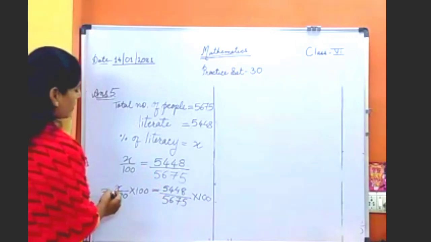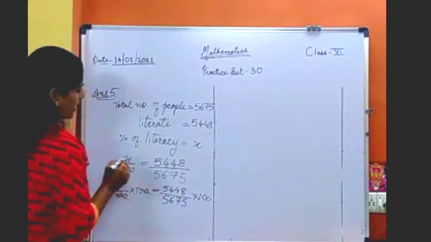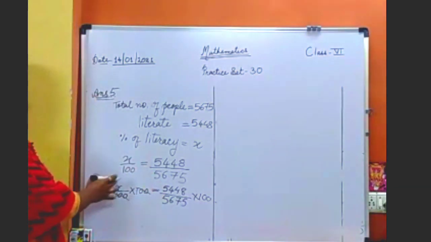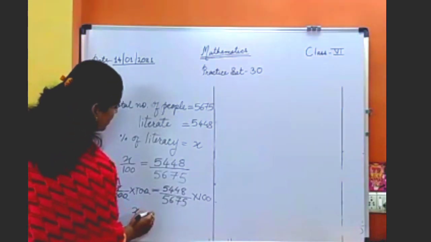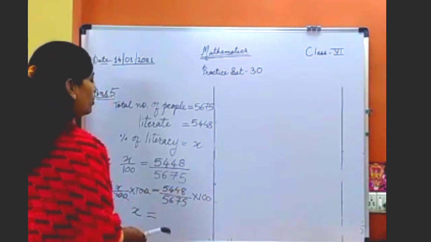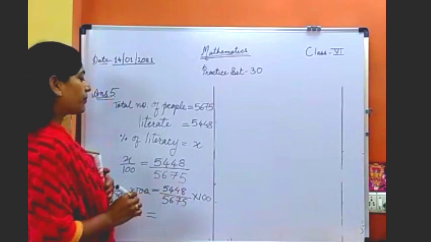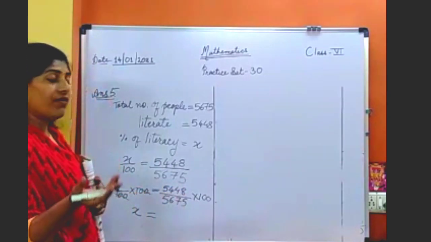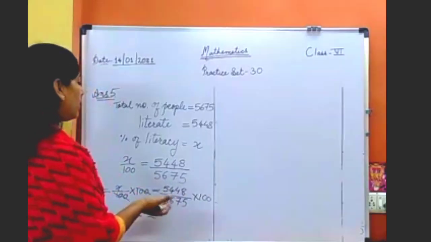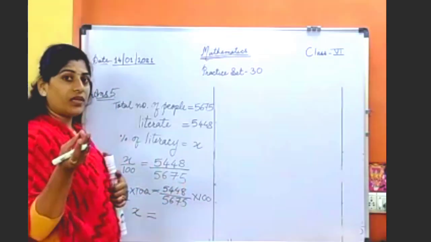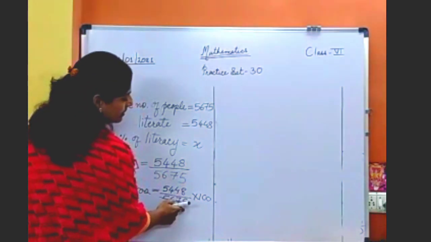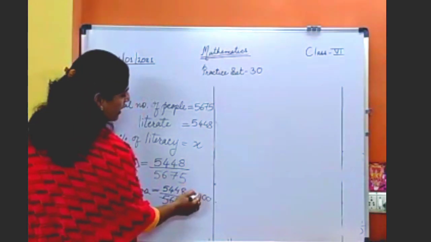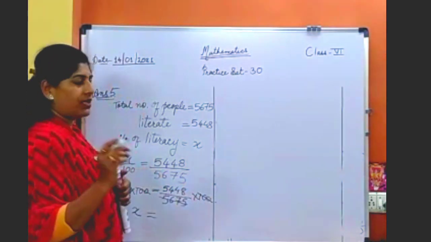We'll do that. First we'll cancel 100 ones are 100, 100 ones are 100. Left hand side X remains. Here we can divide with 5 also, or we'll try to divide it by 25. First we'll divide with 5. The last number is 5 and 0. Yes, it will come in the 5 table.